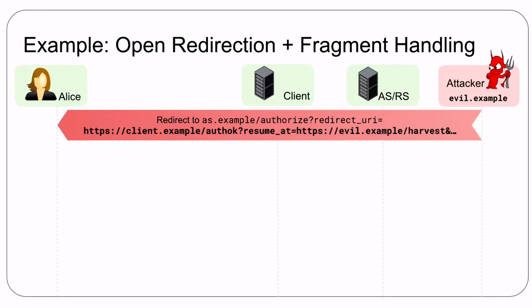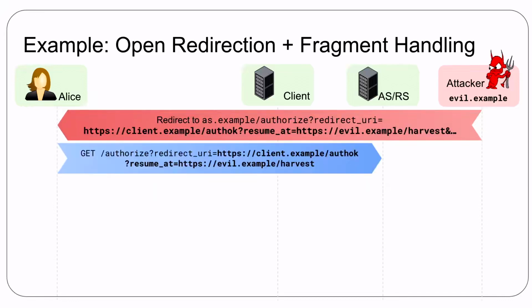So what happens now? The user's browser follows that redirect and ends up at the authorization server. The authorization server now probably checks the redirect URI and sees that it points to client.example/auth. So everything's fine. It points to the client. The token will be redirected to the client. The user authenticates, consents to the authorization, and so on.